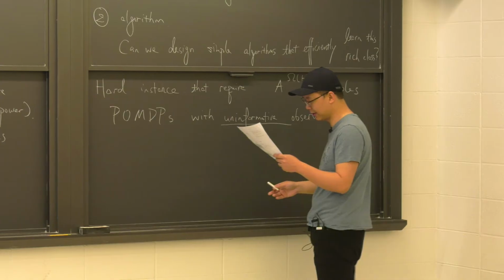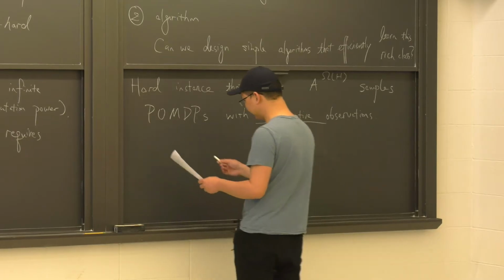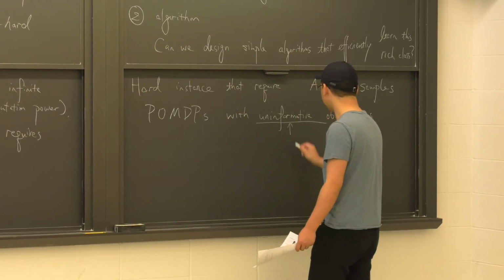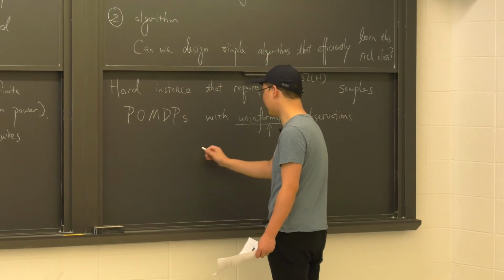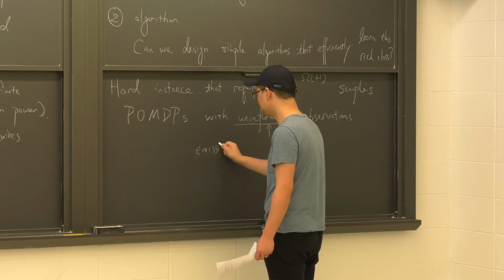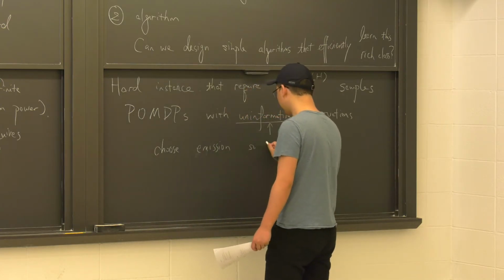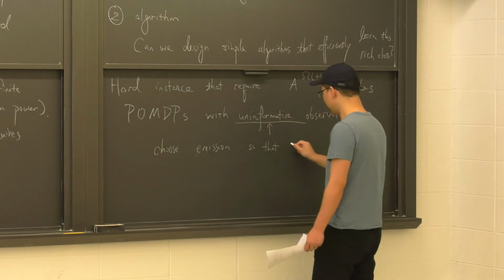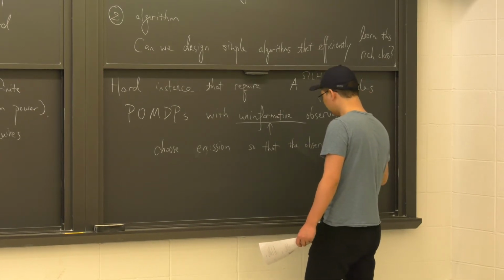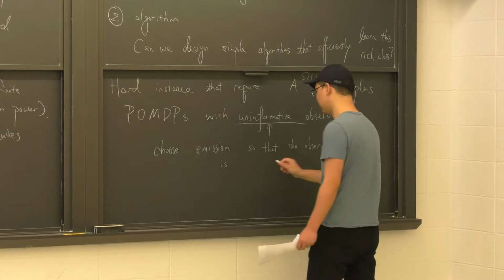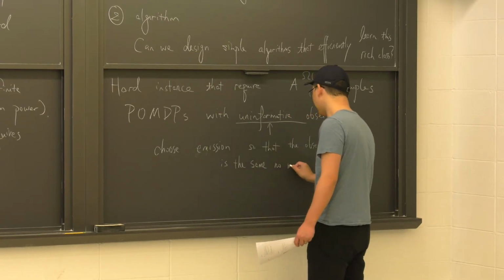So we'll talk about how to realize that. We can realize this uninformative observation by choosing the emission so that the observation is the same no matter what the underlying state is.